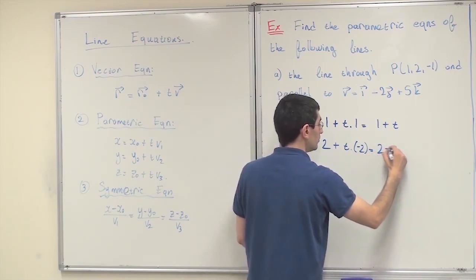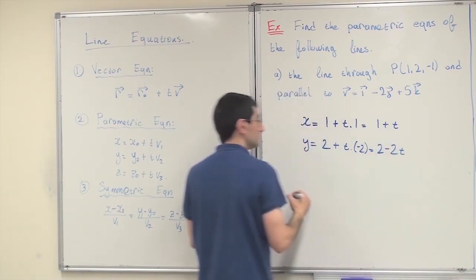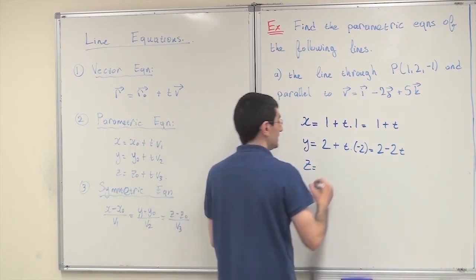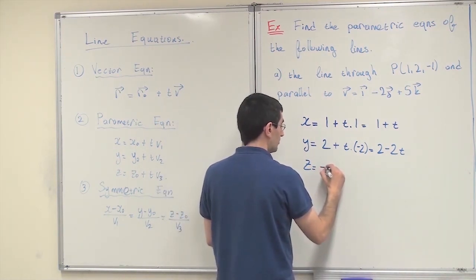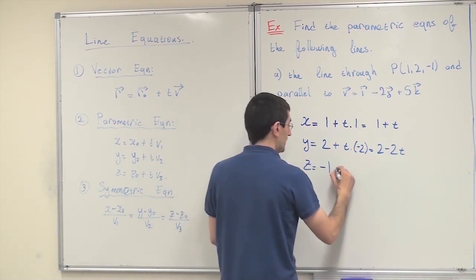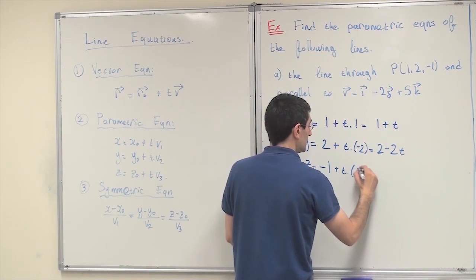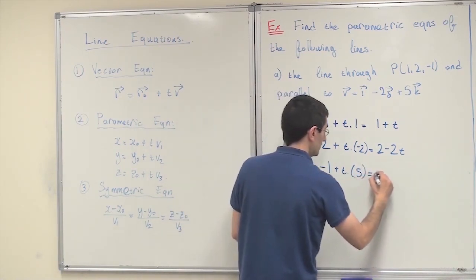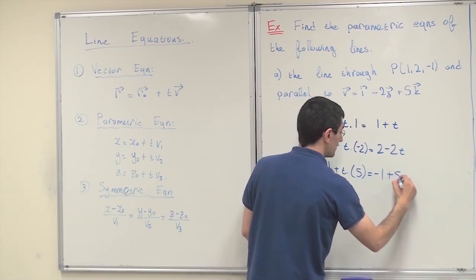In other words, 2 minus 2t. Then, the equation of z is the z component of the point, negative 1, plus t times the third component of the vector v, so it's negative 1 plus 5t.